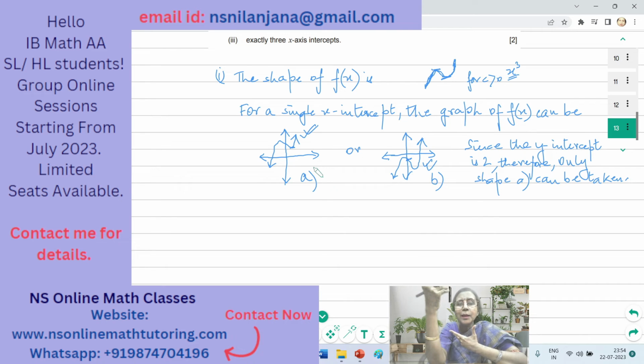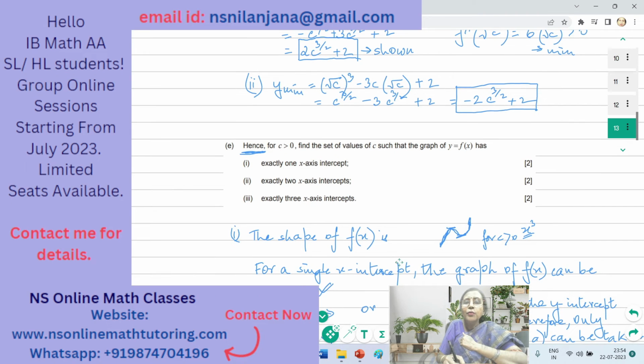If the minimum point is above the x-axis, the maximum point has to be above the x-axis, because the maximum point's y coordinate should be more than the minimum point's y coordinate. Therefore, we have to consider the condition where the minimum point's y coordinate is a positive number, above the x-axis. So we have to take that case.